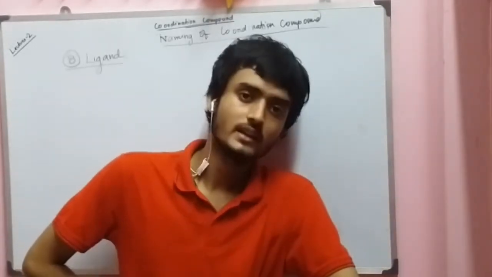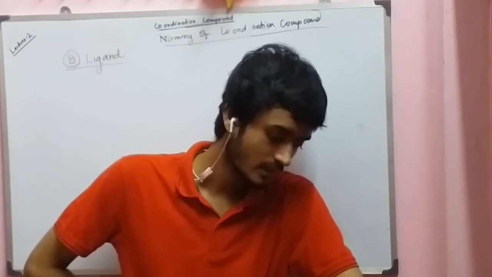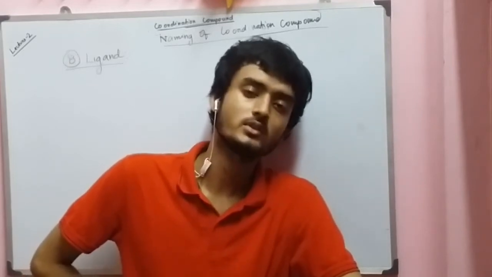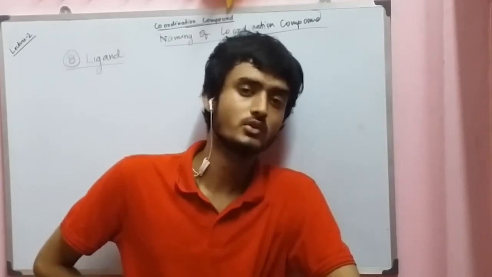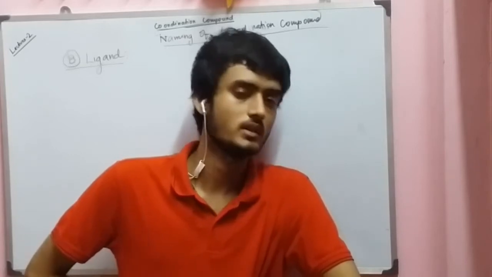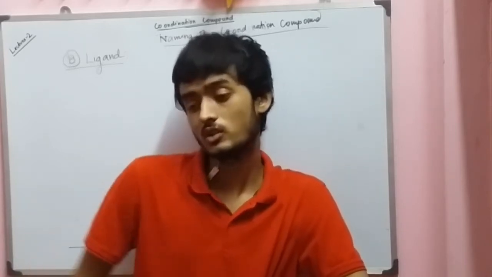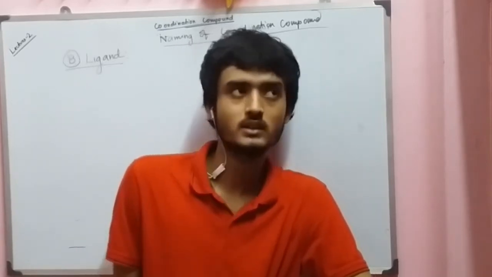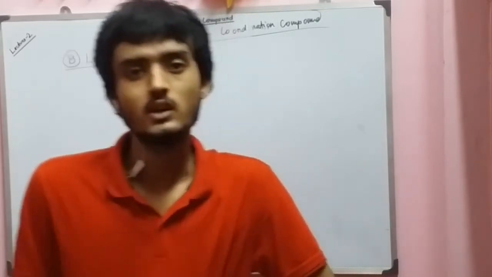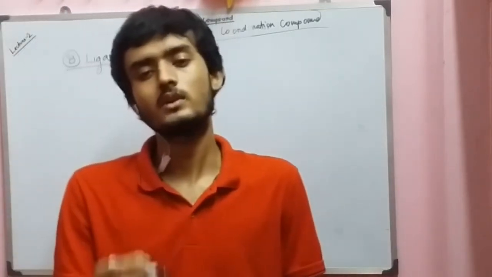What is a cationic ligand? A cationic ligand is a type of ligand which contains a positive charge, that is nitrosonium ion, NO plus. It is a cationic ligand. What is a neutral ligand? A ligand that does not contain any net charge on it. An example is ammonia, NH3, one lone pair, no positive or negative charge.